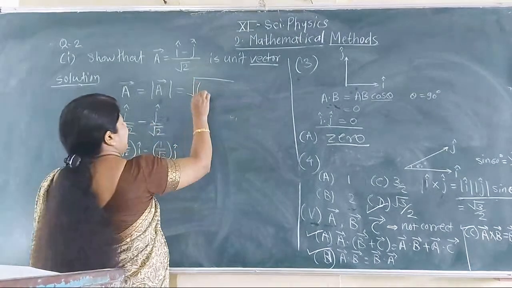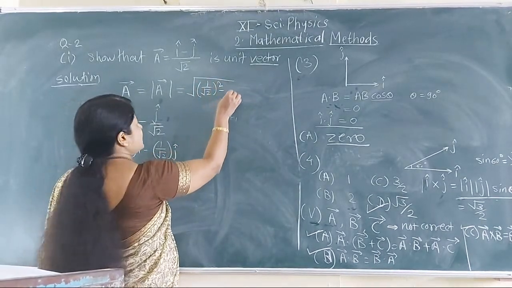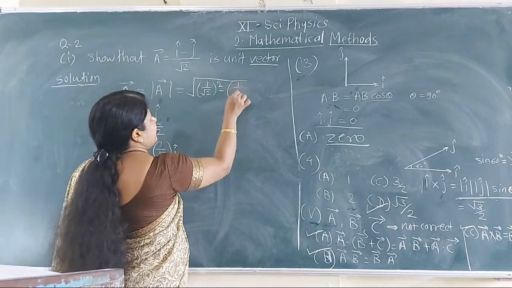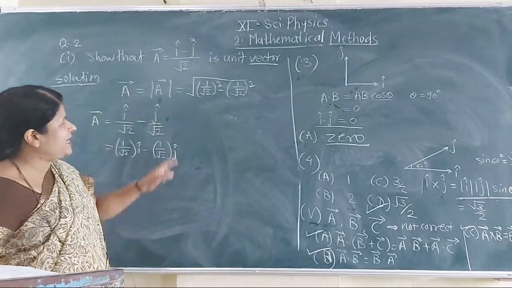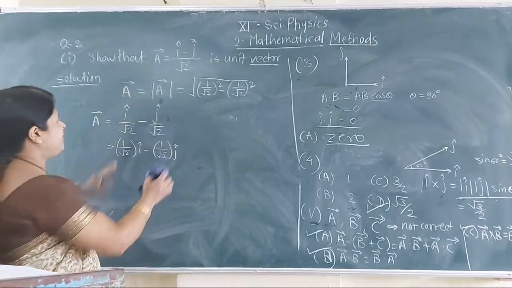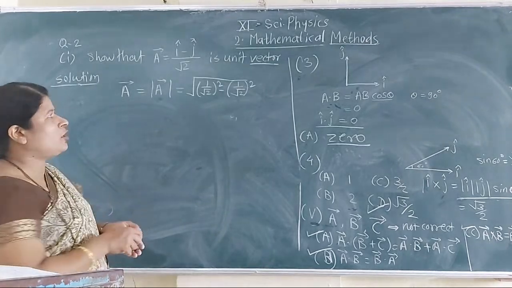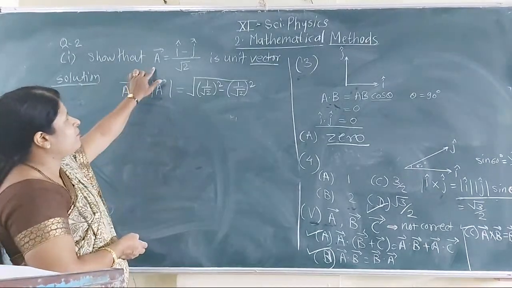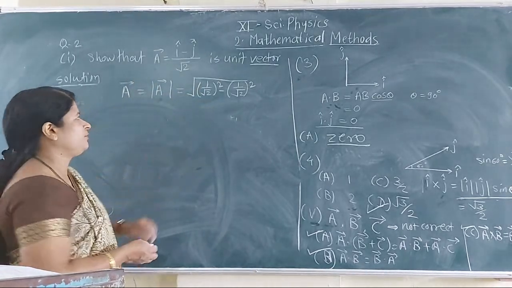We have to find out the magnitude of the given vector A, and from the magnitude we decide if vector A is a unit vector or not.